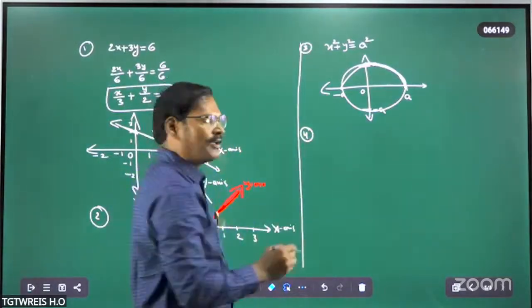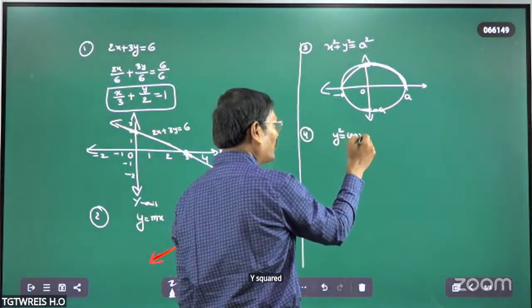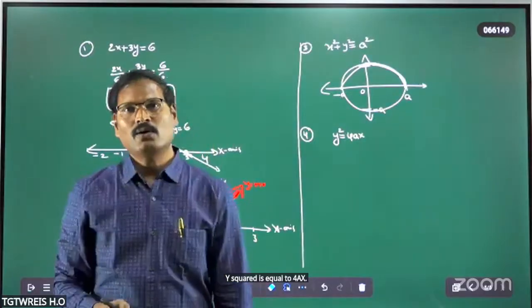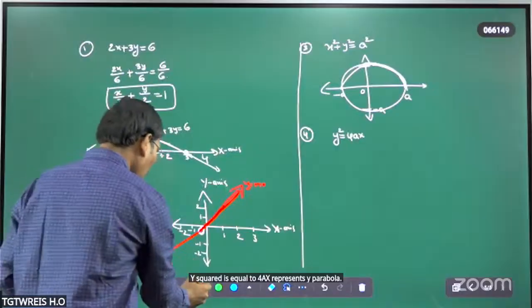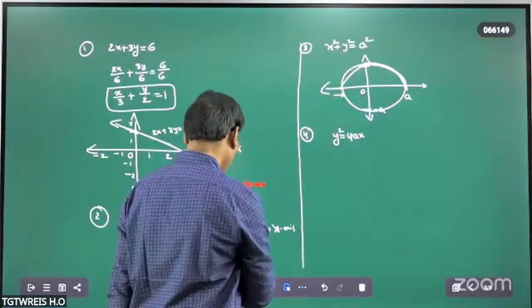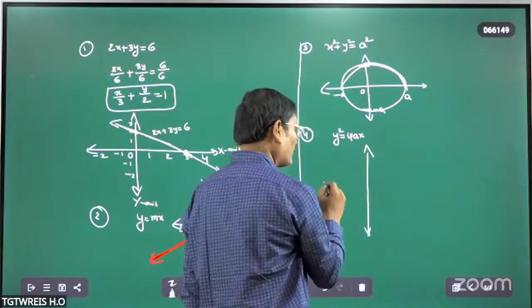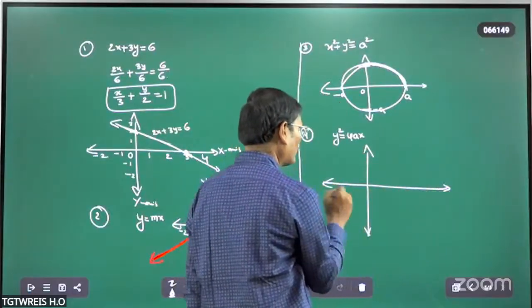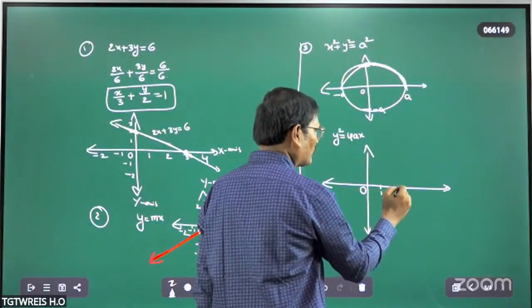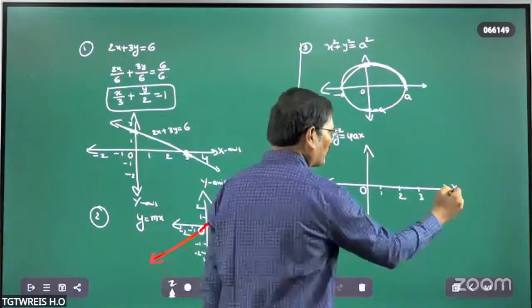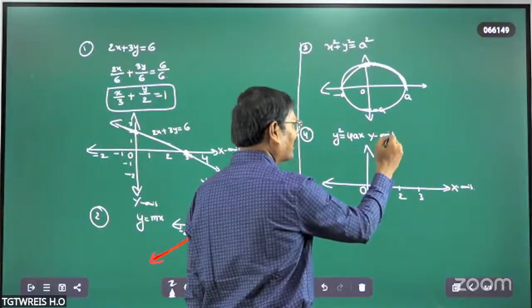And fourth one, very, very important. Y square is equal to 4ax represents a parabola. X-axis and y-axis.